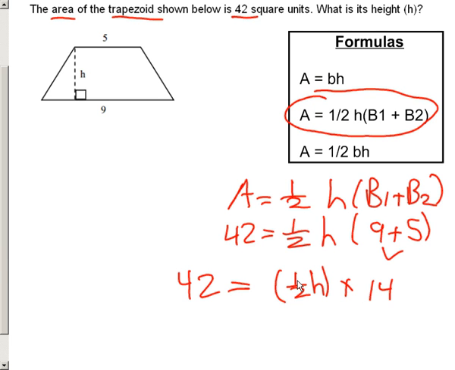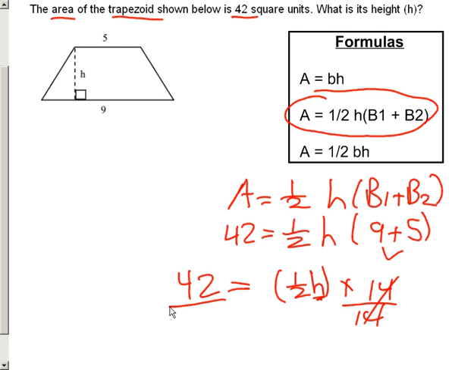First of all, I could look at it as a two-step equation. I want to get h by itself so that I know what the height equals. So remember, I'm going to do the opposite. I've got half of h times 14, so let's do the opposite of times 14, and we'll divide this half by 14. So I need to divide the other side by 14 as well.